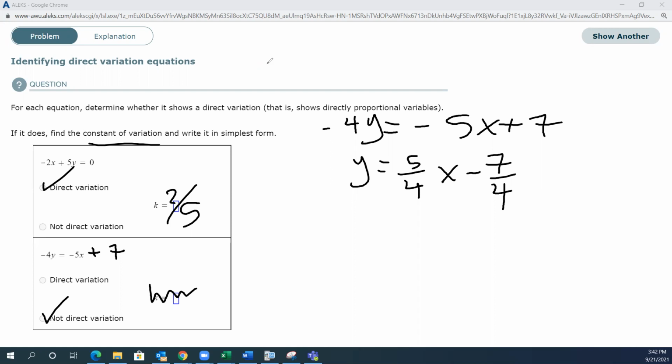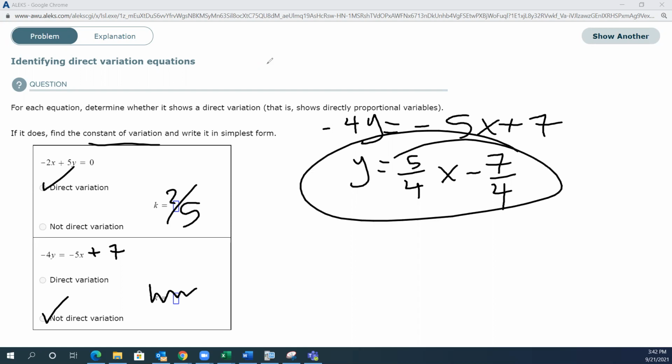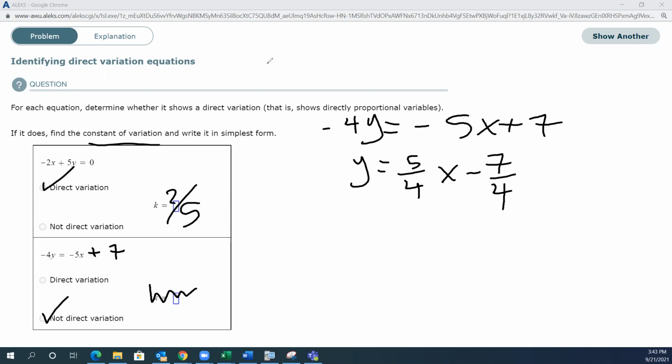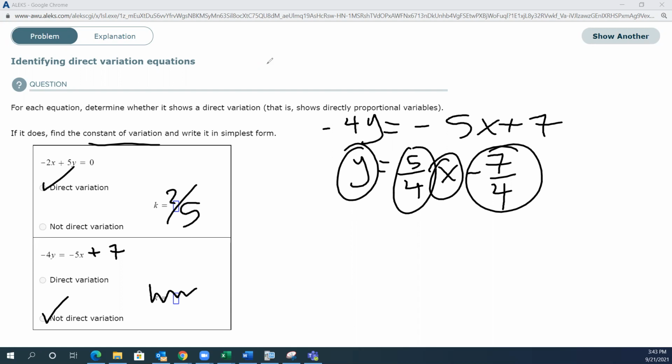The reason this one does not represent direct variation is because of this extra number here. The value of y is not directly dependent on the value of x and the constant of variation.